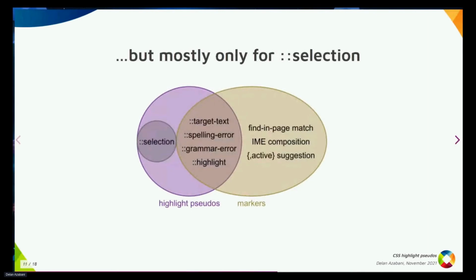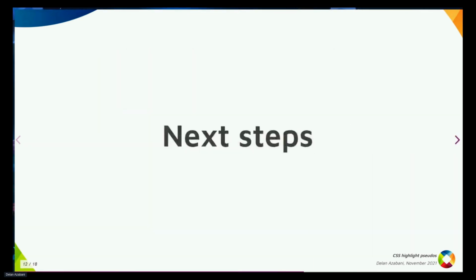This is because we have one implementation just for selection and a completely separate implementation for all of the other highlights, including some markers that aren't exposed to CSS. There were various historical reasons for this split, but the current consensus seems to be that it'd be a good idea to join these together. So where do we go from here?